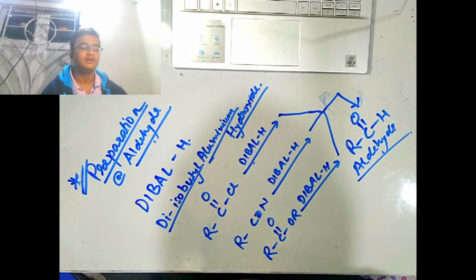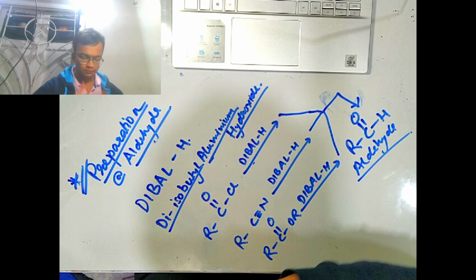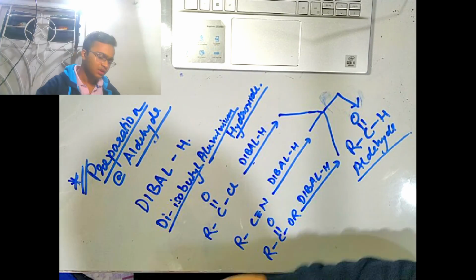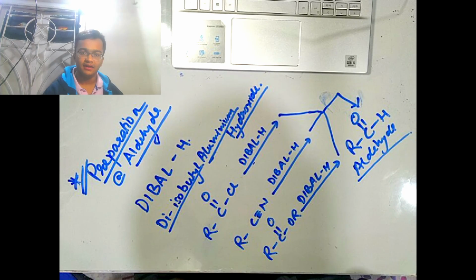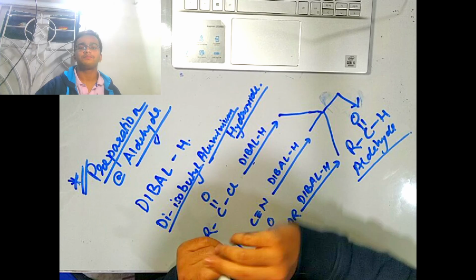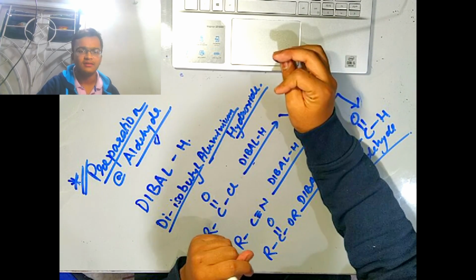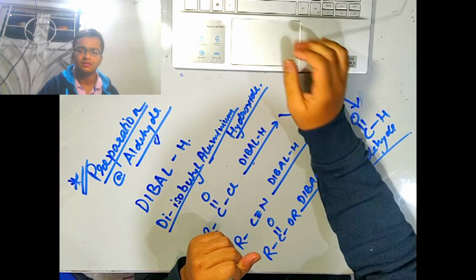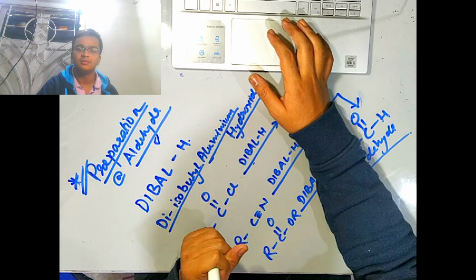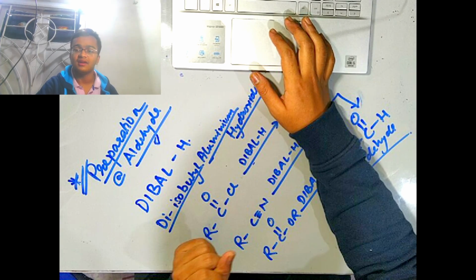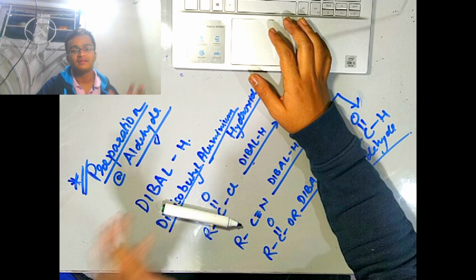So I called it a magical product. Okay. Now, this was about the preparation of aldehyde. Now, keeping up to this much, in the next class, I will discuss the preparation of benzaldehyde. We will study Etard's reaction and Gattermann-Koch reaction. Okay, till then, bye.